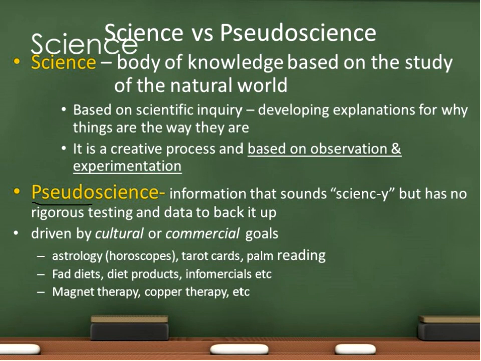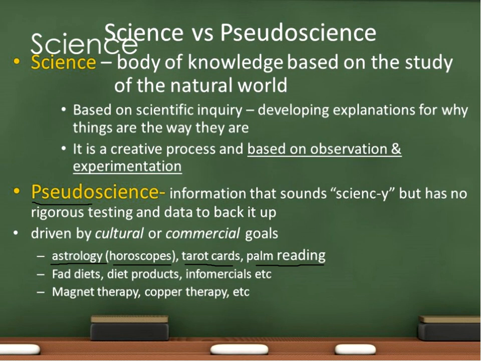That's science. Pseudoscience may sound science-y, but it has no rigorous testing and data to back it up. For example, astrology or horoscopes, or tarot cards or palm reading. Many people believe that people born on certain months have certain characteristics. Well, that's pseudoscience because there's no hard data that backs it up.